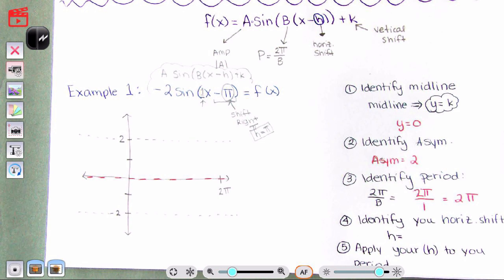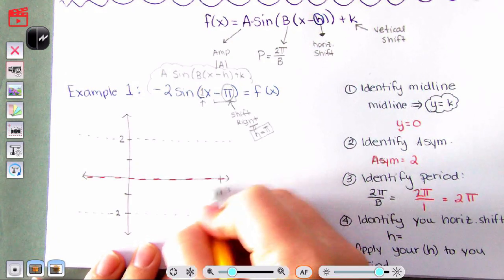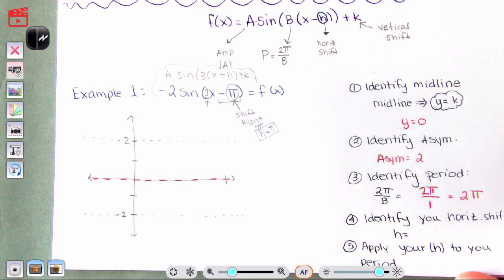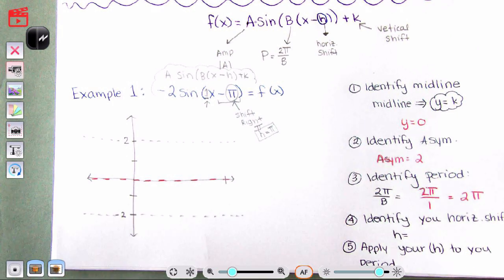If my period is 2 pi, I know that from my beginning to my end is going to be 2 pi, but where am I starting? I'm going to start at pi. So let me go ahead and get another sheet of paper, so that way we can continue with our steps.